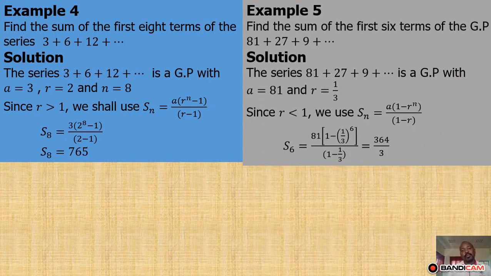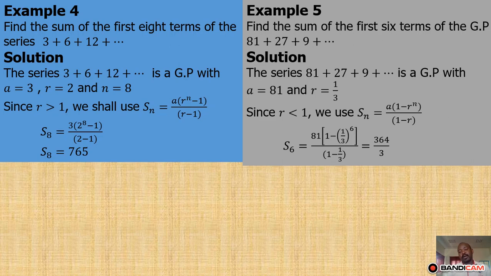Our next example. Find the sum of the first 6 terms of the GP 81 plus 27 plus 9. Looking at that GP, the first term a is 81 and the common ratio r is a third. In this case, r is less than 1. So therefore we shall use the expression Sn equals a(1 minus r^n) over 1 minus r.